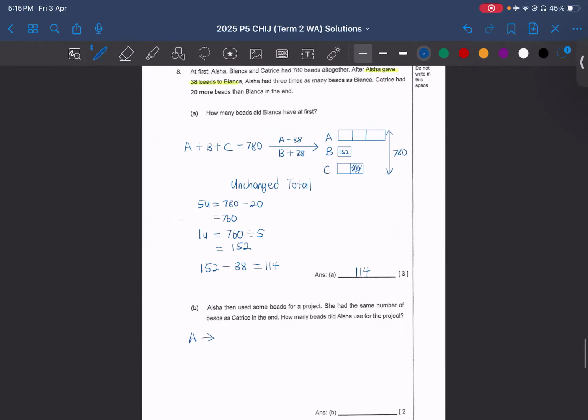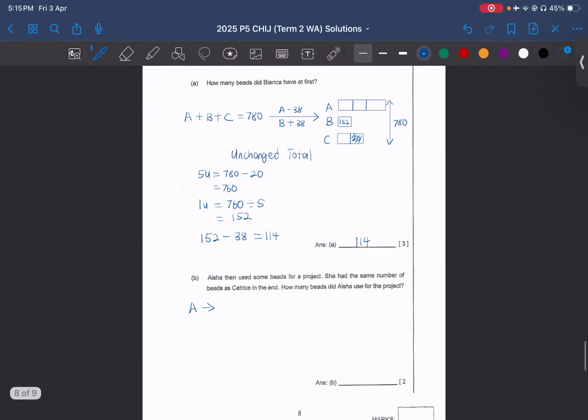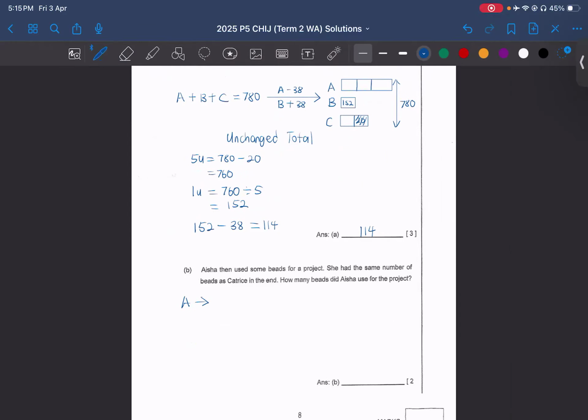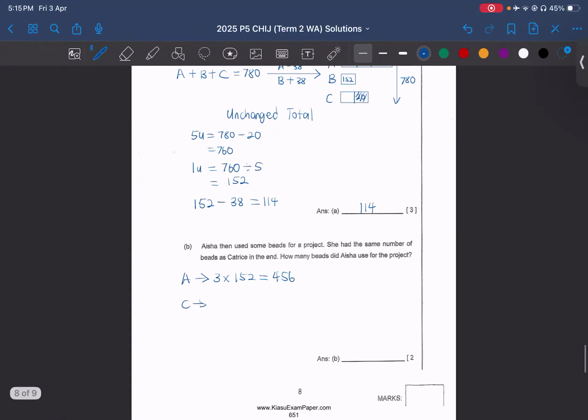If you look at your model from part A, Aisha is 3 units. 1 unit is 152, so Aisha is 3 times 152, which is 456. And to find Catrice, it is 1 unit plus 20, so 152 plus 20, which is 172.